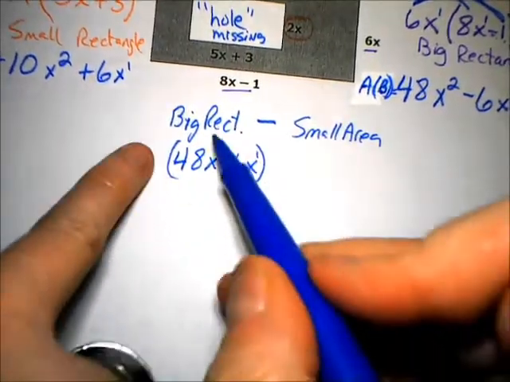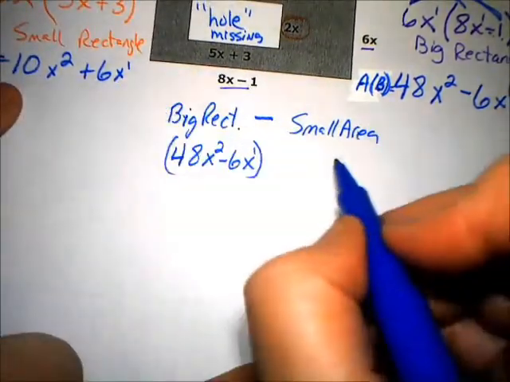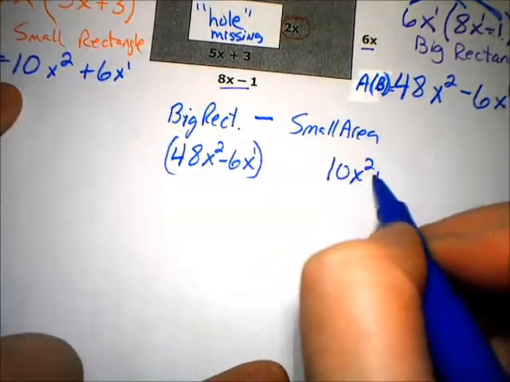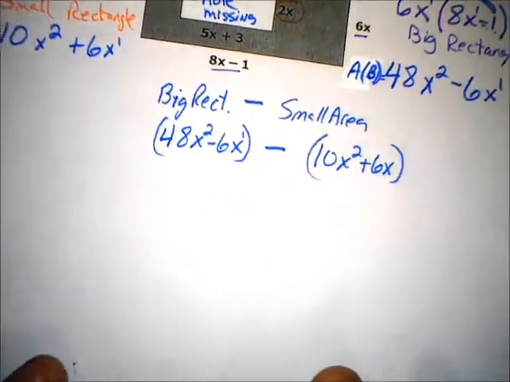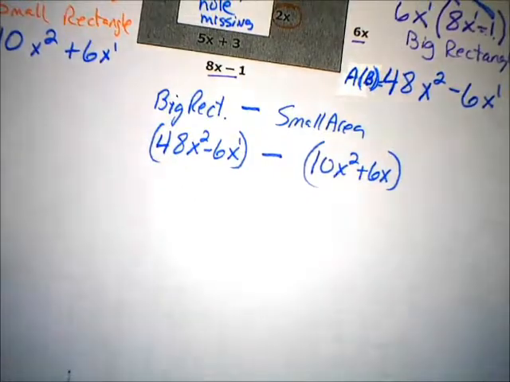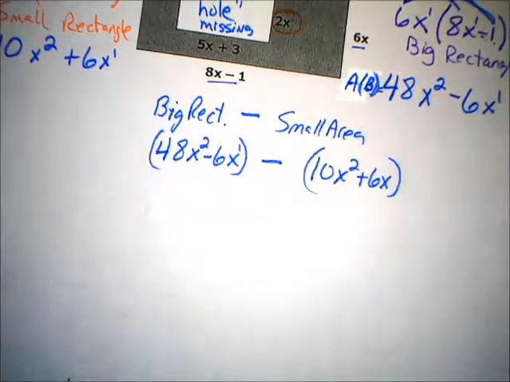This represented our big rectangle. The small rectangle was this expression. And I had to subtract. Notice I put these in parentheses. These are together and these are together.